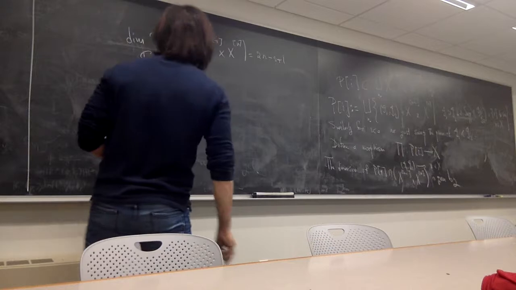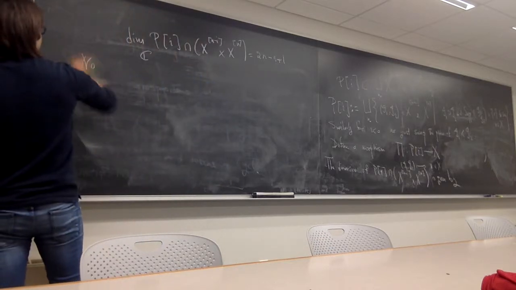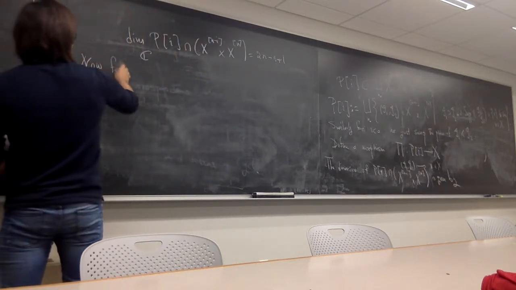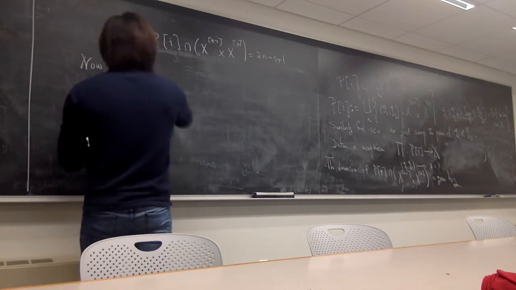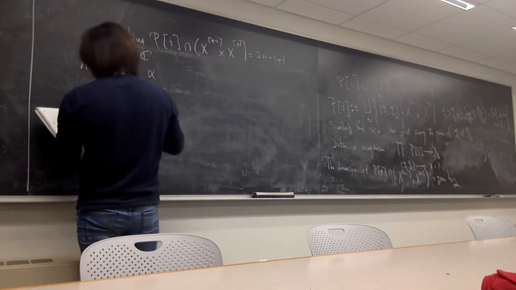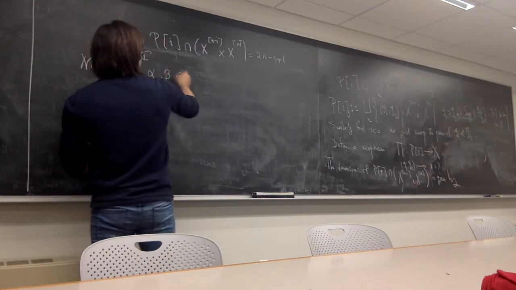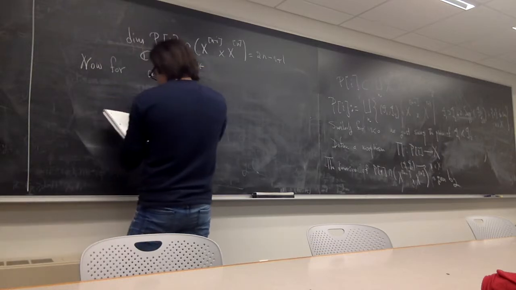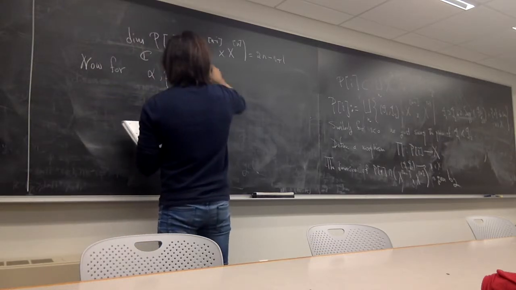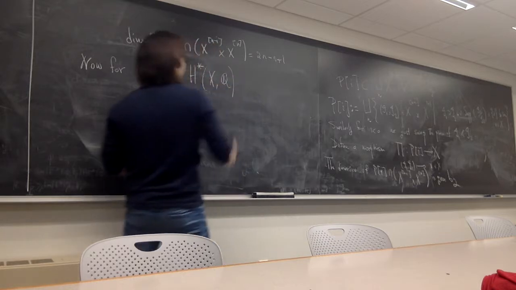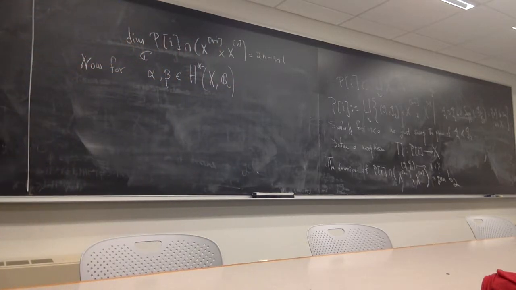All right, now we pick two cohomology classes, alpha and beta, elements of the cohomology theory of X with rational coefficients. Right now we talk about cohomology theories.